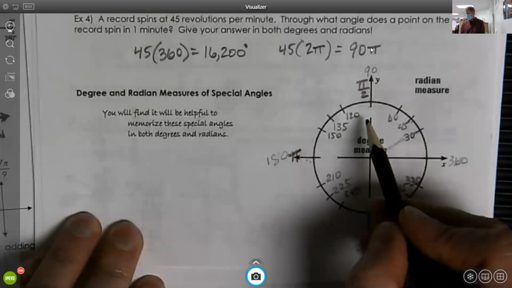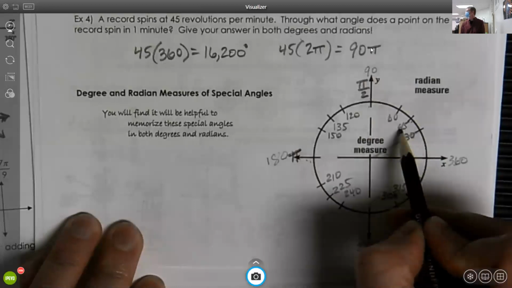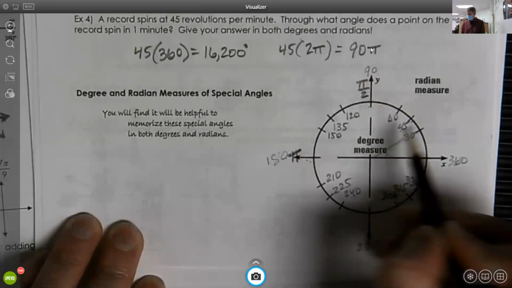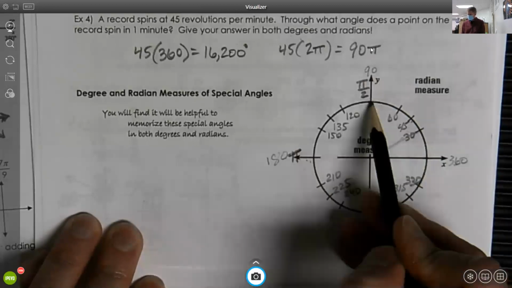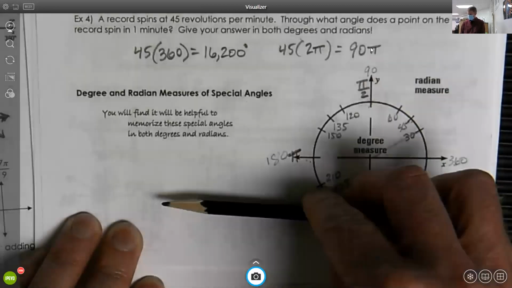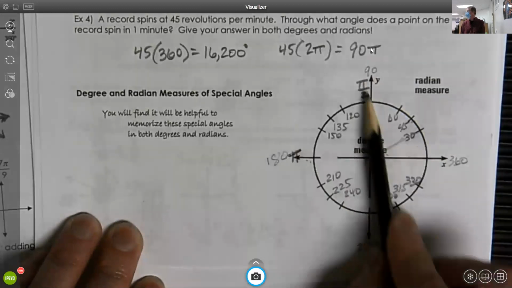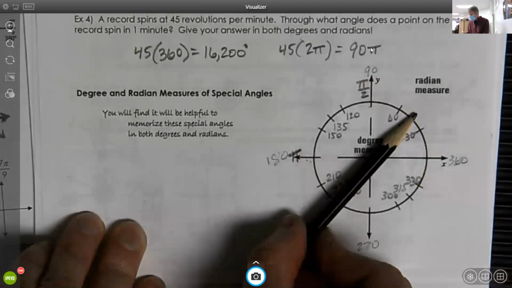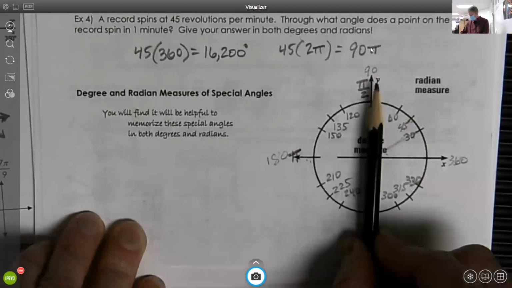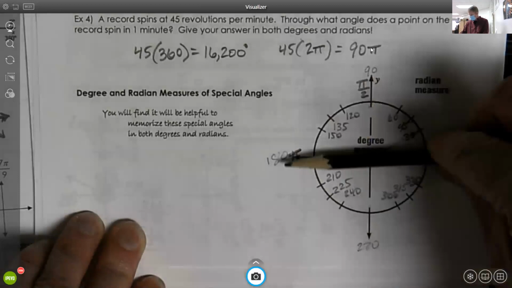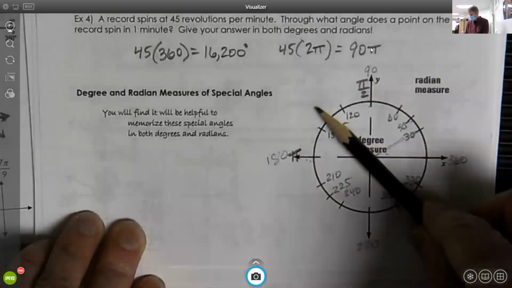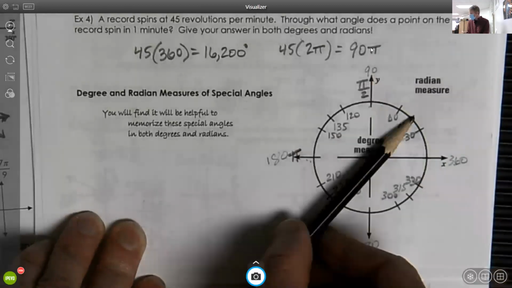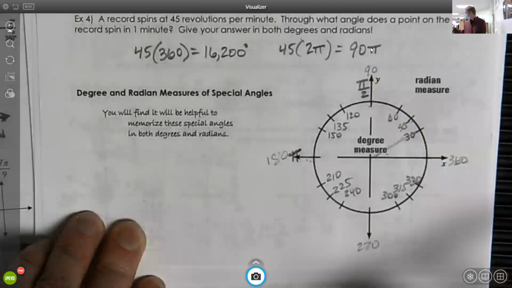What do you suspect 45 is going to be? If you take 180 and you break it into 2 equal pieces, that gives us pi over 2. If you take 45 and break it into, how many equal pieces would that be? 4.